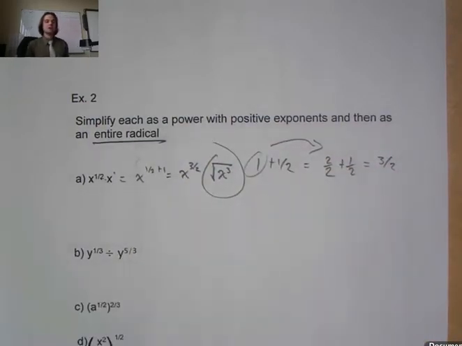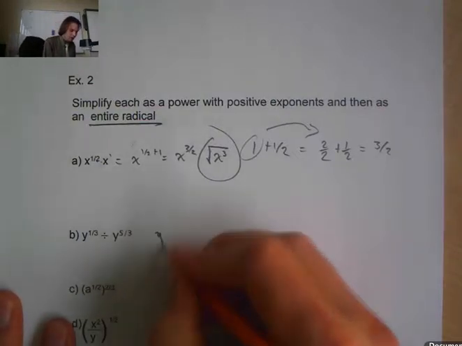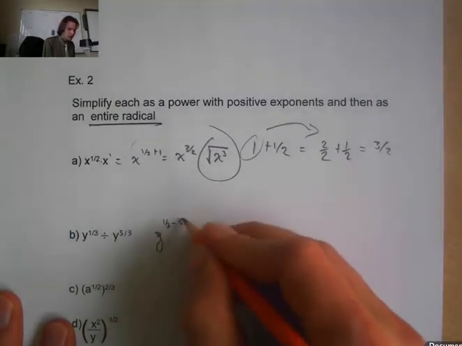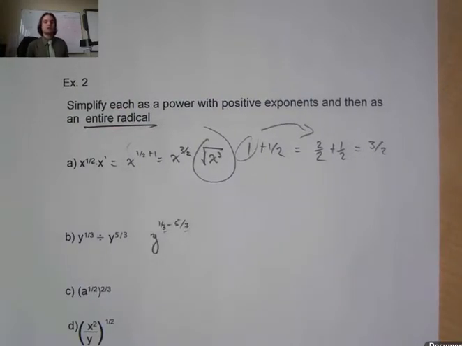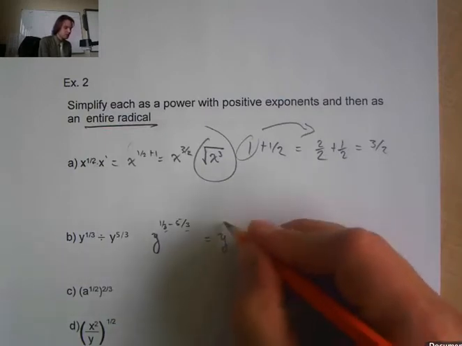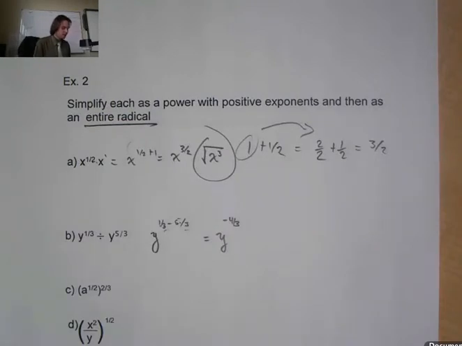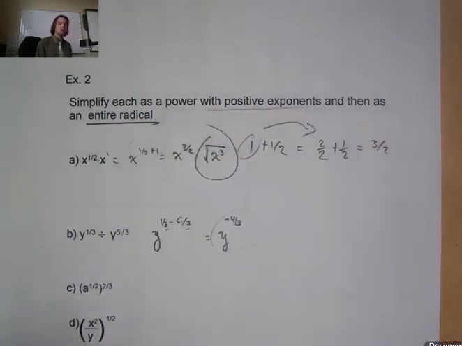Let's take a look at the next one here. We're using division. Division means to subtract. So I'm going to have y to the 1 over 3 subtract 5 over 3. Well, we have the same denominator here, so we could just subtract the numerators. This is going to give me y to the negative 4 over 3. Because 1 subtract 5 is going to be negative 4. So now the next part says we want positive exponents.